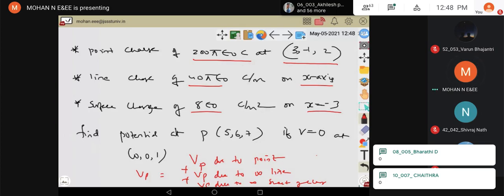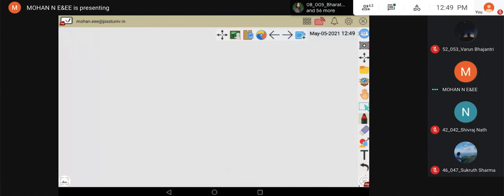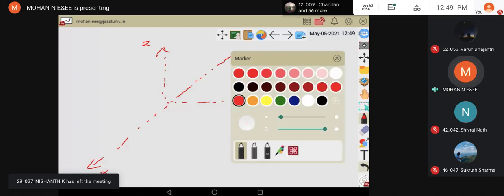So let us write the depiction. You're having the coordinates like this. Okay, and this is negative x-axis. This is z, y, x. Let me write the point charge first.